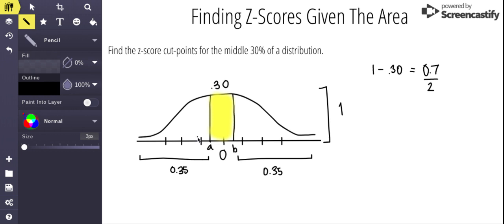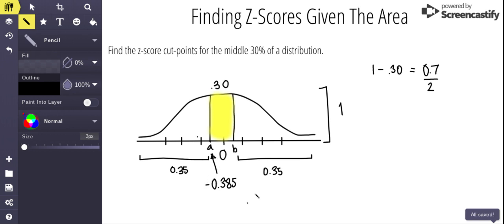Then press enter, and you will get negative 0.38532 and so on. So you have found that your A is negative 0.385. Let's just do it up to 3 decimal places. So that's going to be your A.